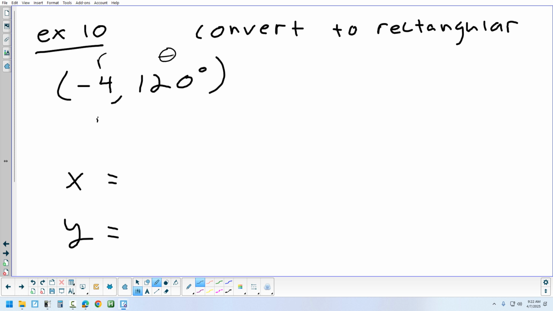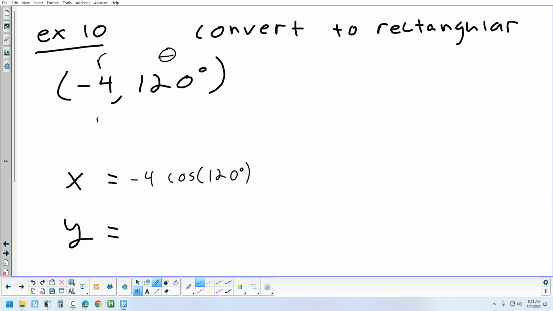R cosine theta. For x, we need to be a little bit more specific with our values. Oh yeah, -4 cosine 120 degrees. 120 degrees. So because it's degrees, I need to change the mode back again now. And then my formula for y.